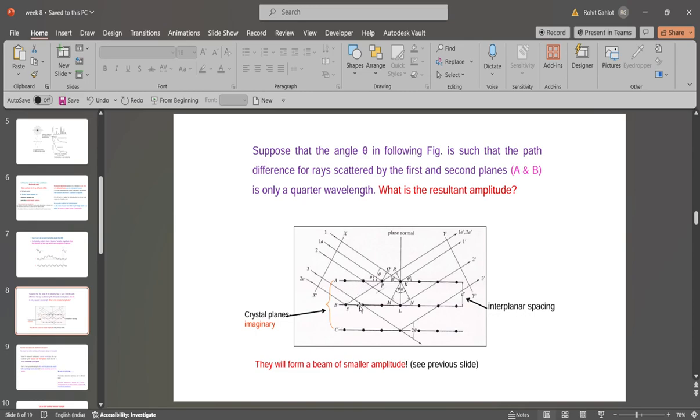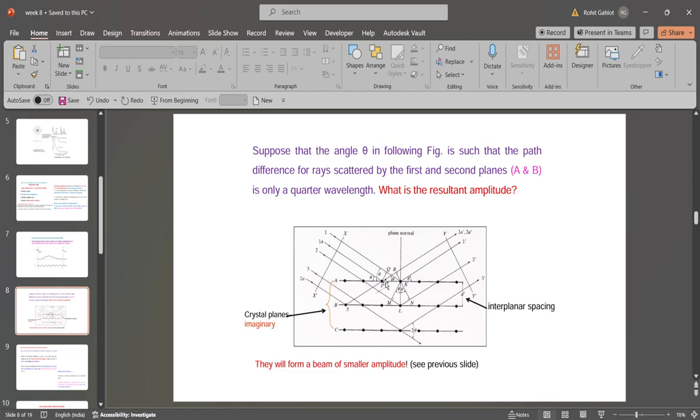As seen here, there are these two planes, and these are the scattered rays. This is the plane wavefront coming, and this is after diffracting. So what will be the resultant amplitude of these incident waves after diffracting? They will form a beam of smaller amplitude.